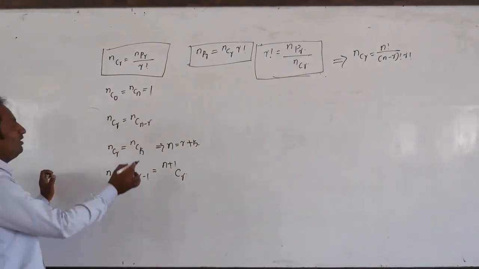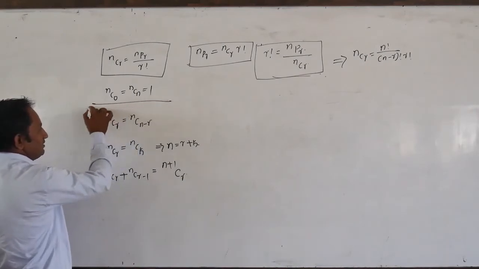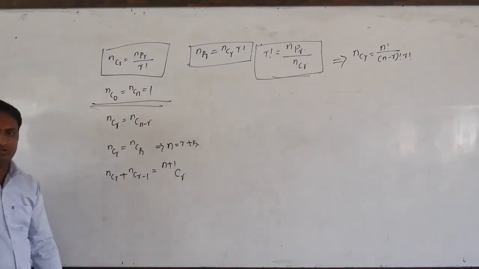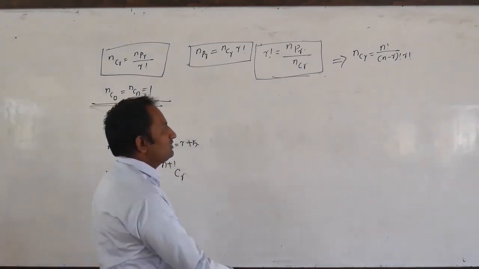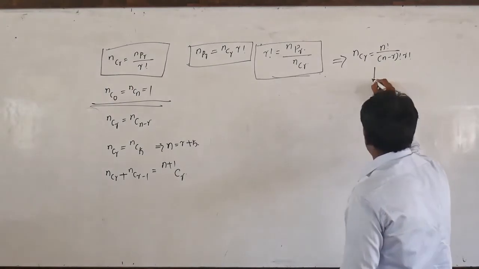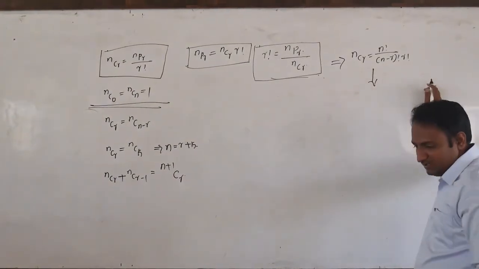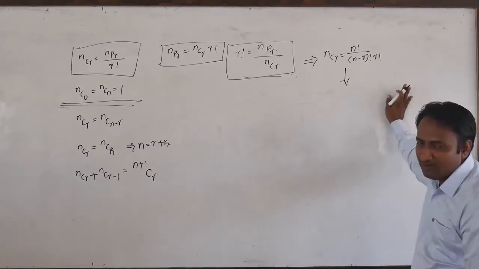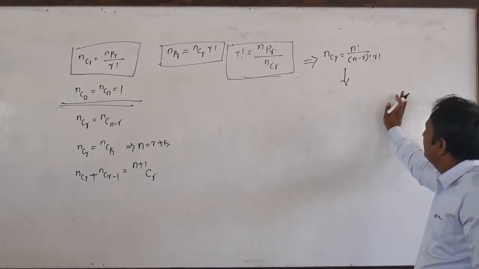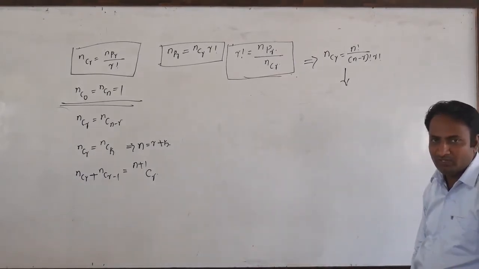This is also a very important concept: nC0 is equal to nCn is equal to 1. Consider this formula: nCr is equal to n factorial divided by (n minus r) factorial into r factorial.